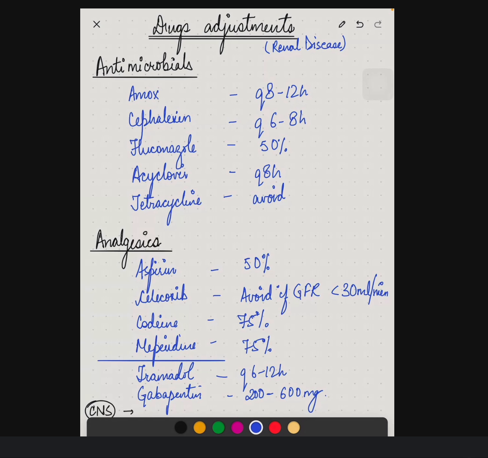So this is all about drug adjustment. So let's talk about drug interactions now, and we will start with cytochrome P450.